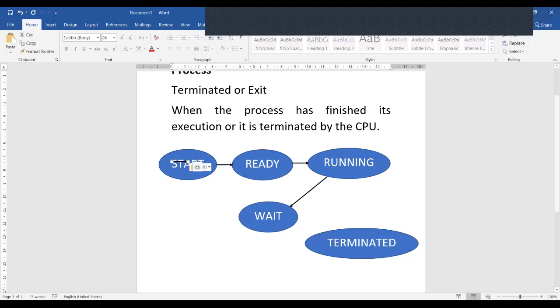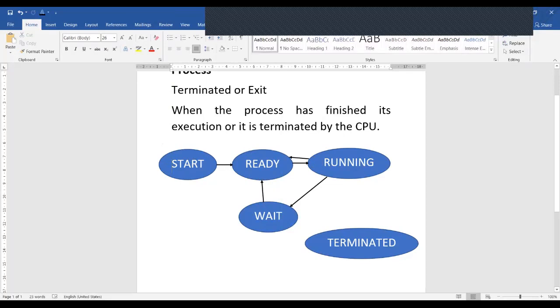Since the process changes its state from running to waiting, then from waiting state to ready state, the arrow is given in all the directions. It is a bidirectional arrow.